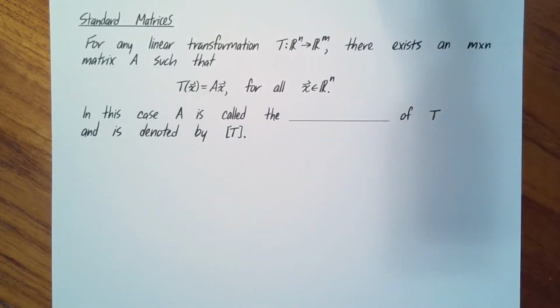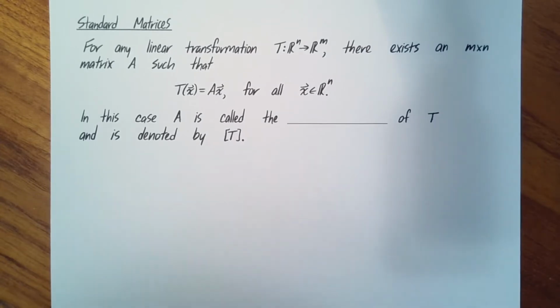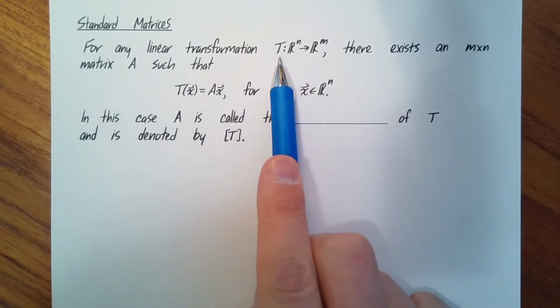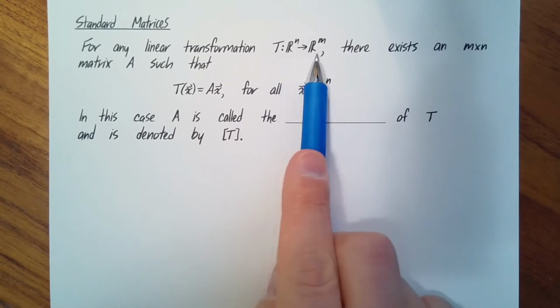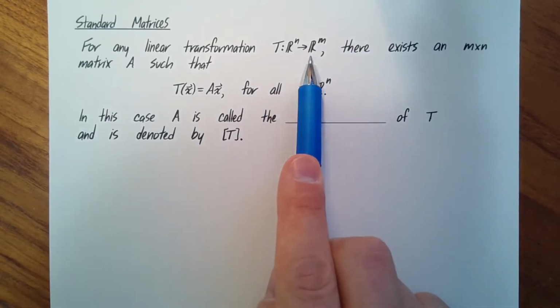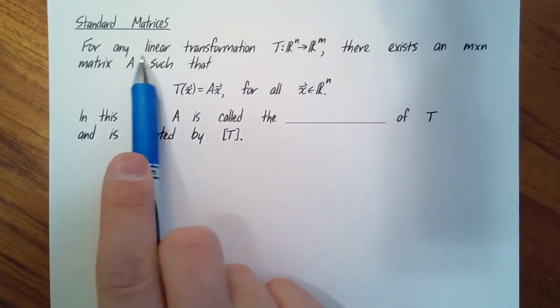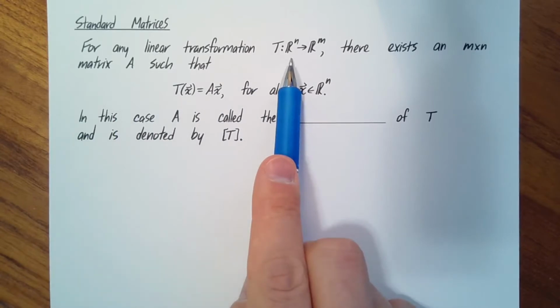But now let me formulate this claim a little bit more precisely. So we're going in the other direction here. If you start with any linear transformation T, going from Rn to Rm, this is the most general header for any vector function, but we're going to make the assumption now that it's a linear transformation. We're not going to prove it, because that's an assumption that we're making now.